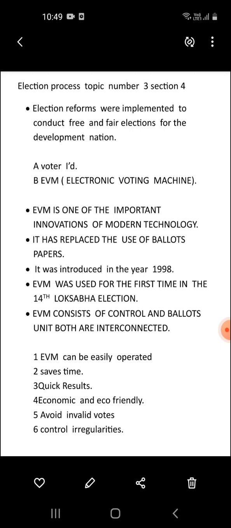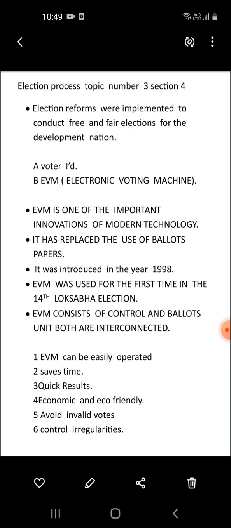Earlier, people were not fully educated in using their political rights. A person A may vote in the name of person B. So, in order to control this irregularity and bogus voting, T.N. Seshan introduced the voter identity card.